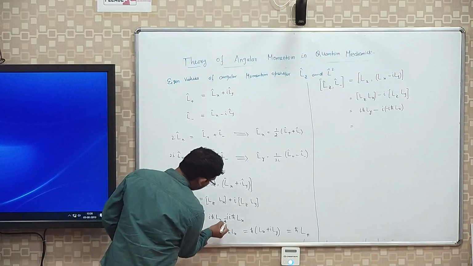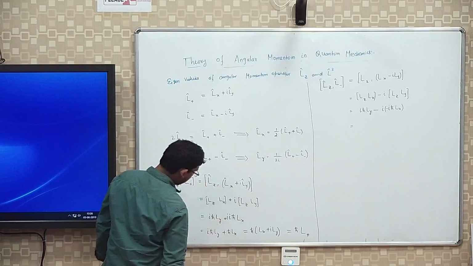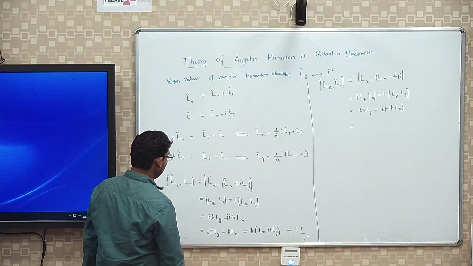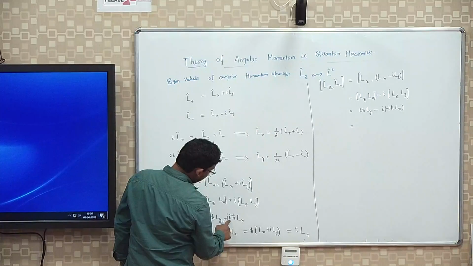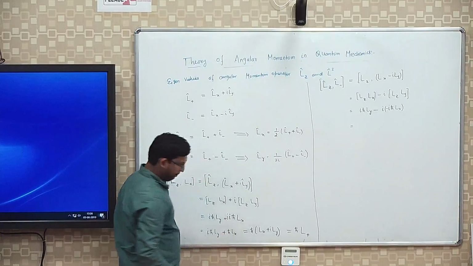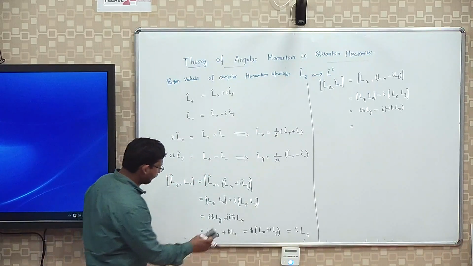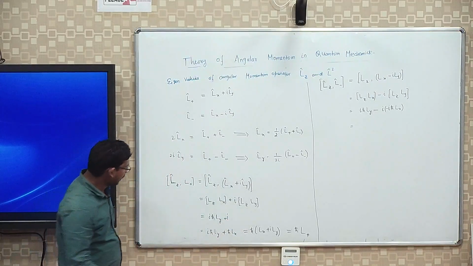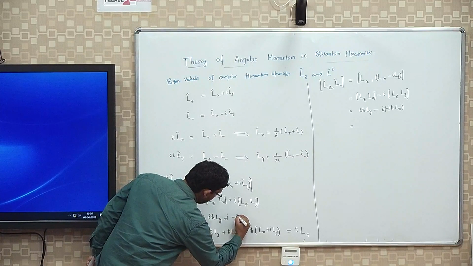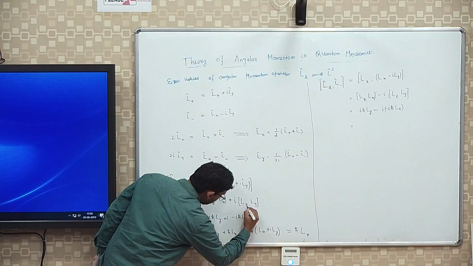Okay, this is plus sign. Then one i is here, then Lz Ly will become minus i h cross Lx.